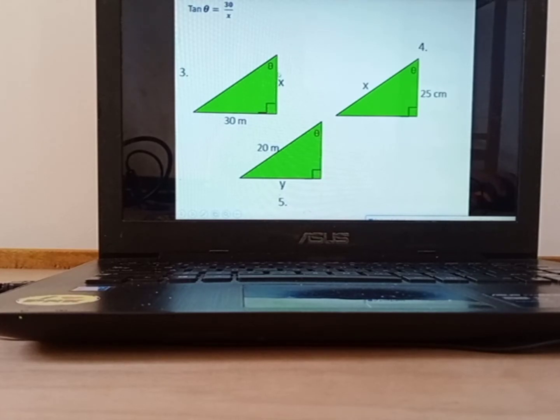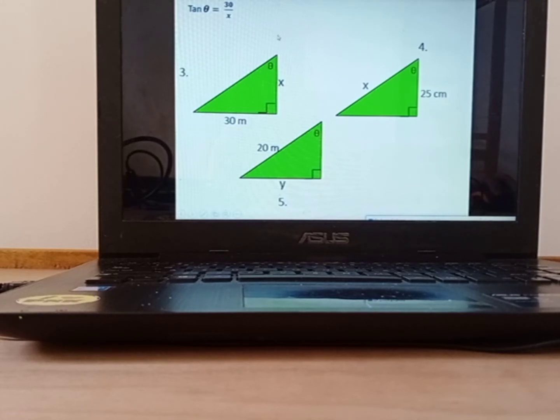If the given is opposite and adjacent, the trigonometric ratio we will have to use is the tangent function. So we have tangent theta, opposite is 30 and adjacent is x. So therefore the value of our tangent theta is equal to 30 over x.